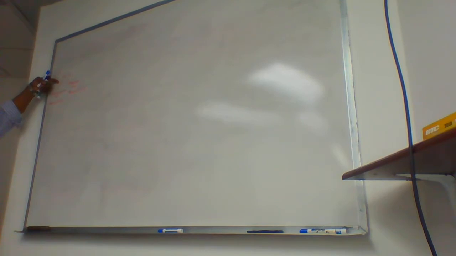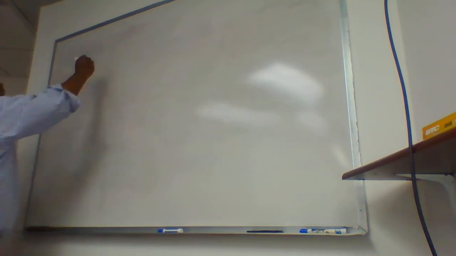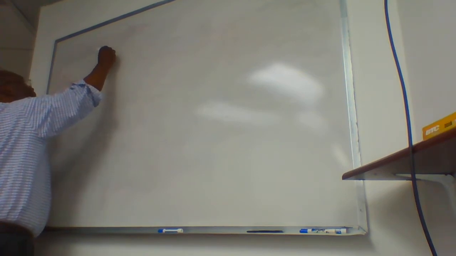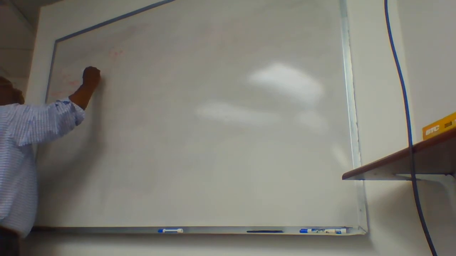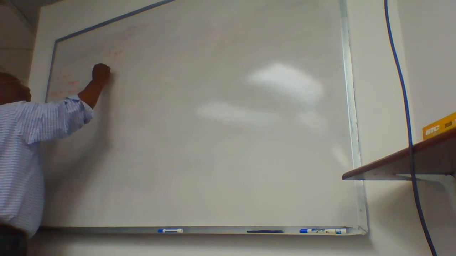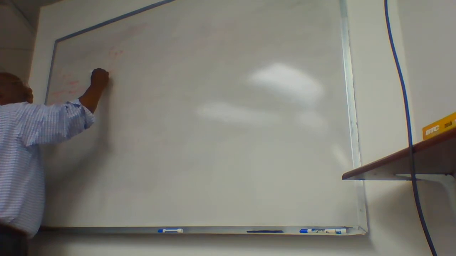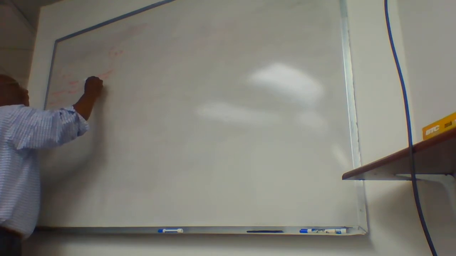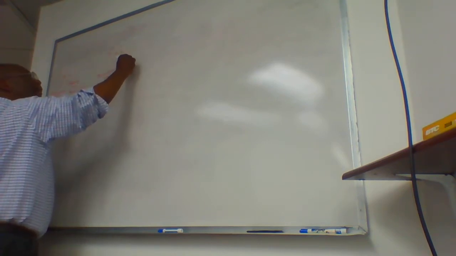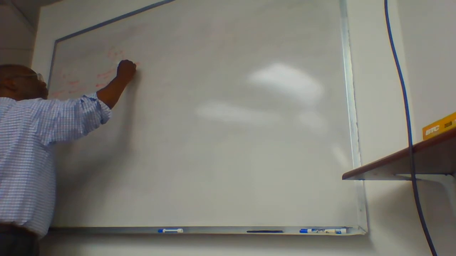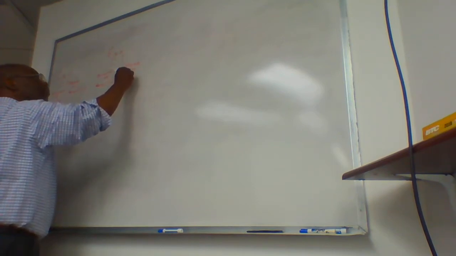This would be the quantity of good X, the price of good Y. If this is written the other way, this would be the quantity of good Y. The first one is always the quantity.